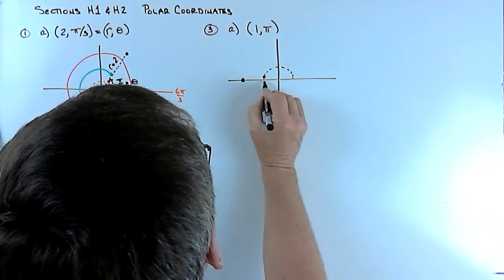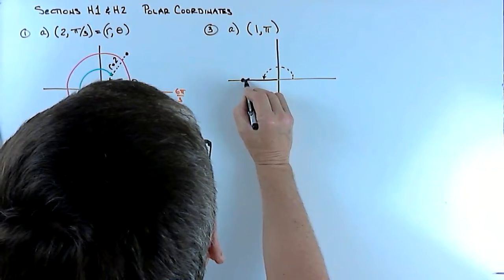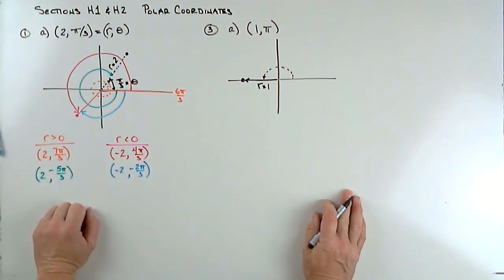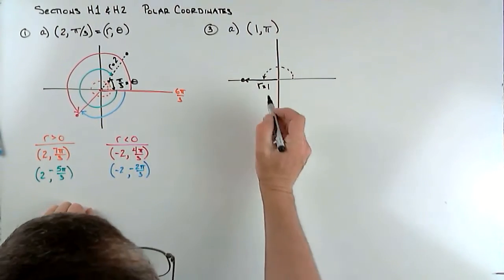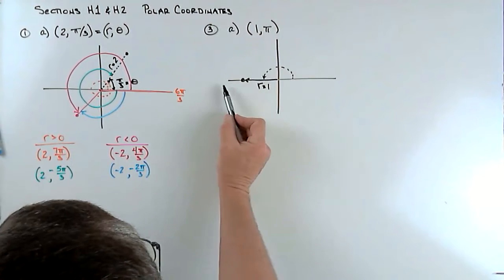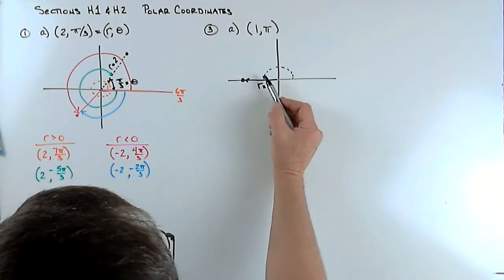So this distance here is 1. Now we know the Cartesian coordinates at that point. We don't have to use any of our formulas to find them. We know because we're on the x-axis, we went 1 unit to the left because our angle is pi.